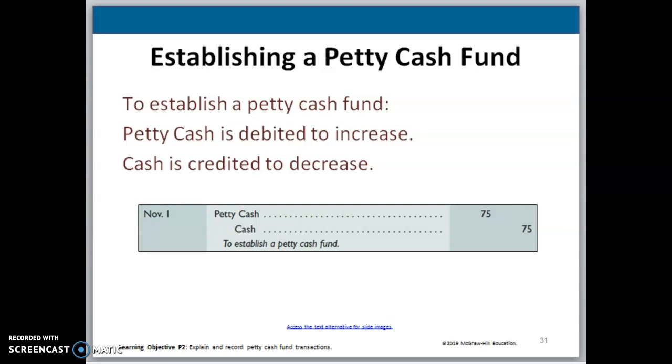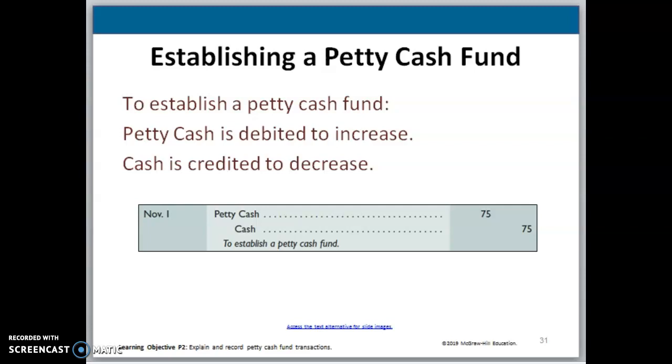So in this example, they're establishing a petty cash fund of $75. So to establish the fund, again, it's treated just like cash. So we're putting cash in, we're increasing petty cash. So we're debiting petty cash. We're decreasing the cash in our checking account because we're bringing it out of the checking account, putting it into petty cash. So we're going to credit cash. So this establishes the fund.